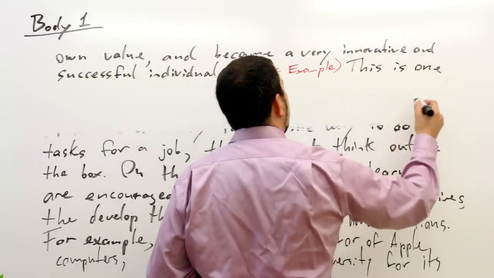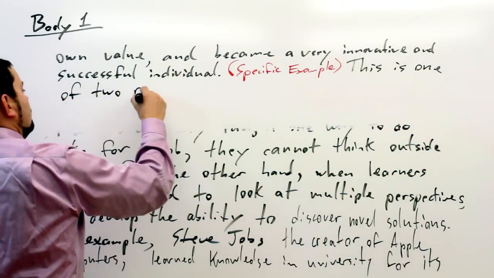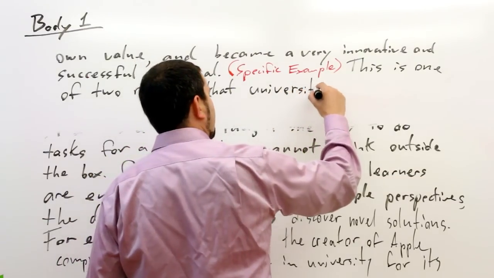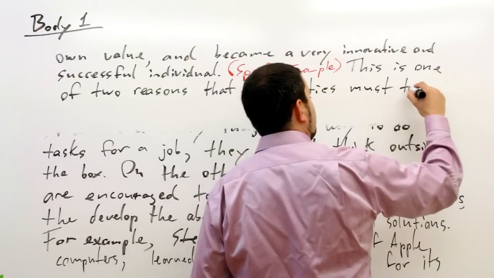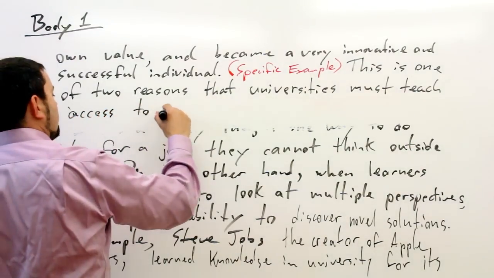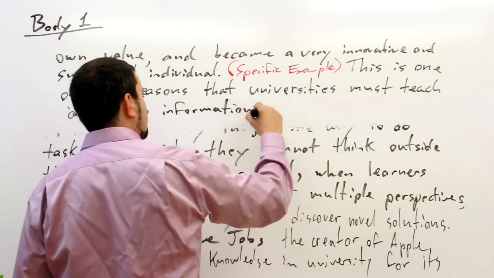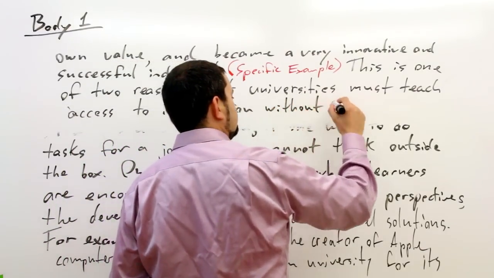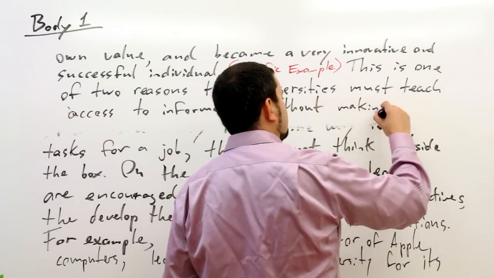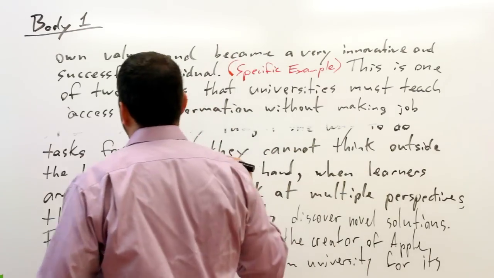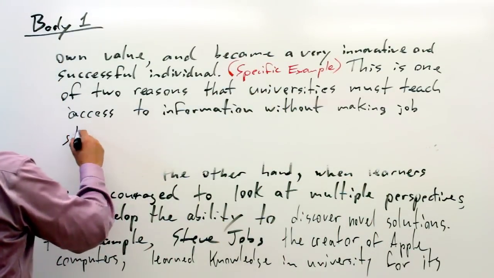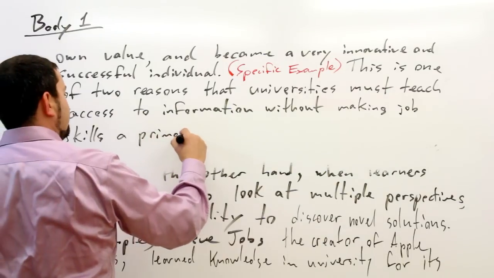This is one of 2 reasons that universities must teach information or access to information without making job skills a primary goal.